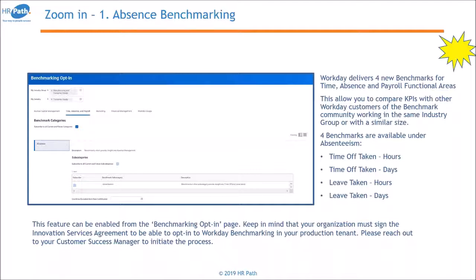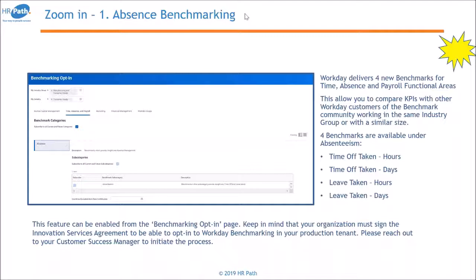This allows you, as I said, to compare your KPIs with other Workday customers, and there are 4 benchmarks available under absenteeism. We have time off taken in hours, time off taken in days, leave taken in hours, and leave taken in days. This feature can be enabled from the benchmarking opt-in page that you see here on the screenshot.